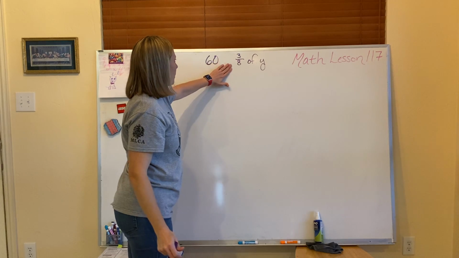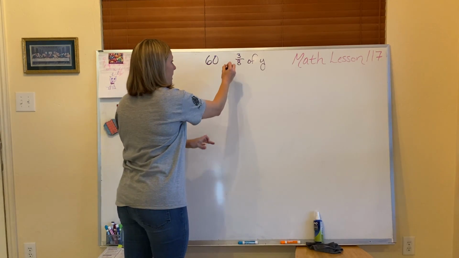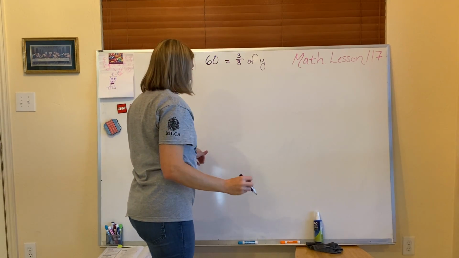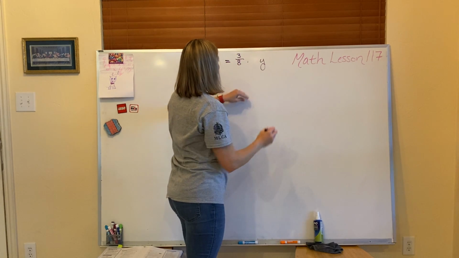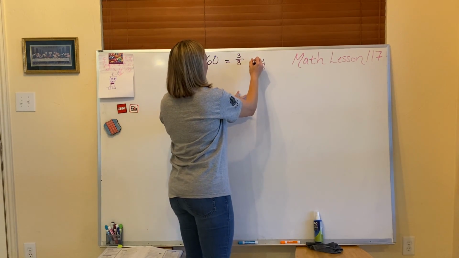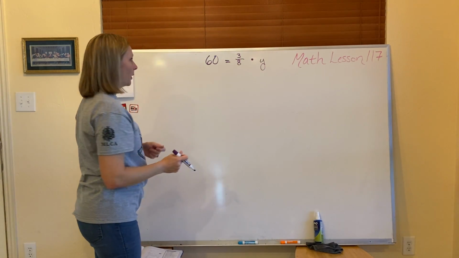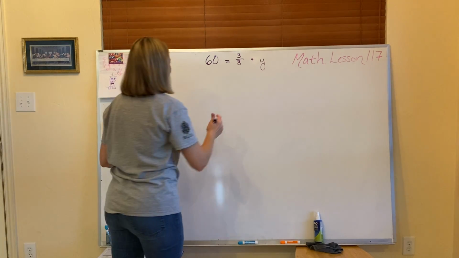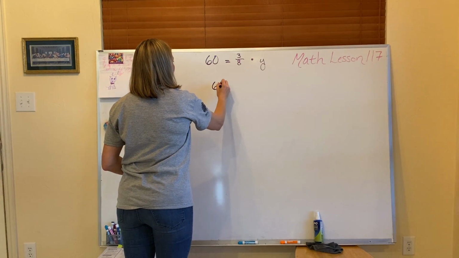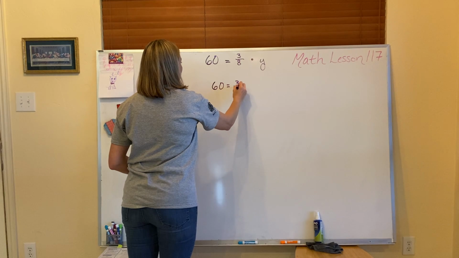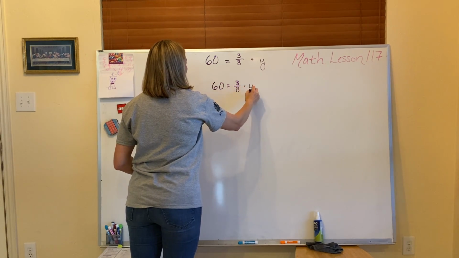Taking the words out, 60 equals 3/8 times y. Okay, let's solve. 60 equals 3/8 times y.